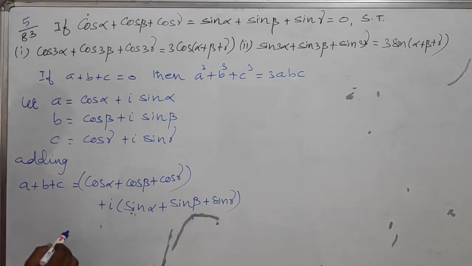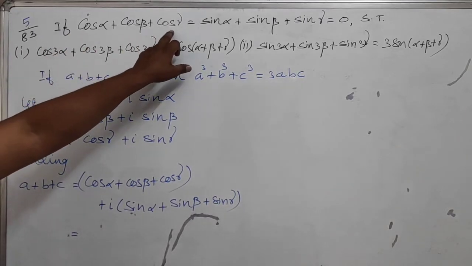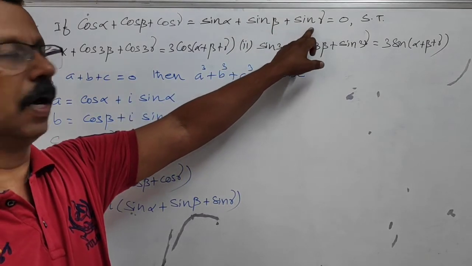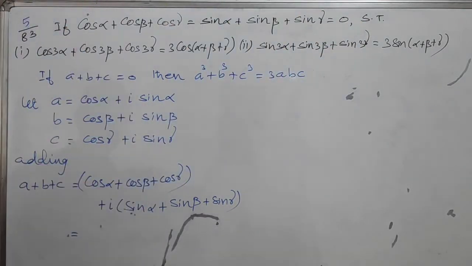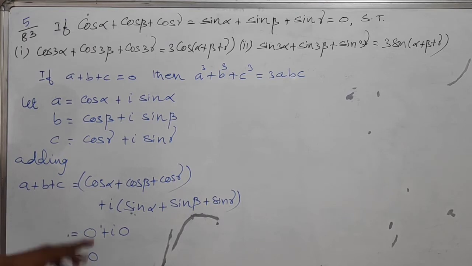Now see here, it is given that cos alpha plus cos beta plus cos gamma and sin alpha plus sin beta plus sin gamma both are equal to 0. Therefore the real part is 0 and the imaginary part is also 0, which means it is equal to 0. Now we have proved a plus b plus c equal to 0.